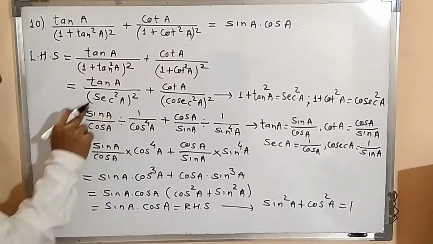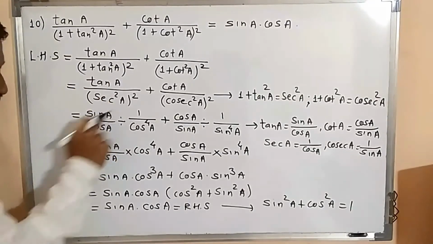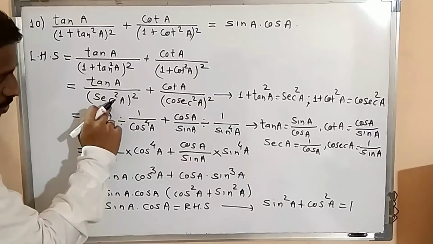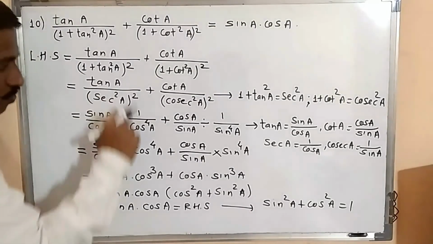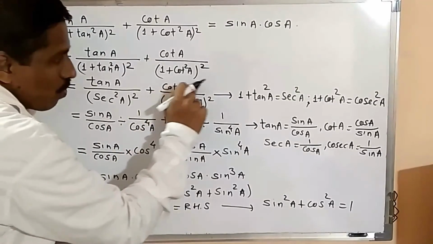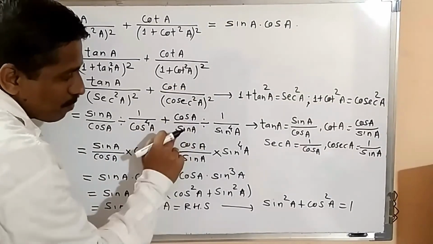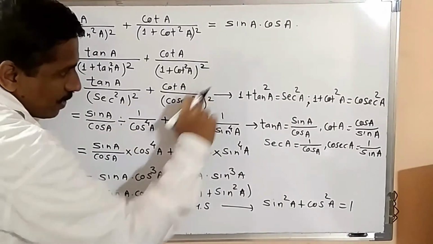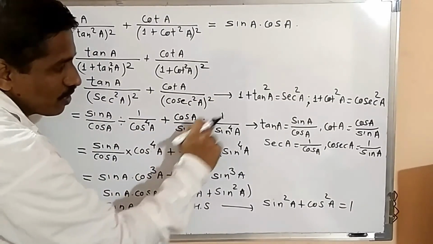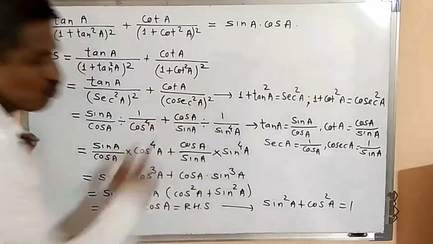Plus for cot A, I will write cos A upon sin A divided by cosec raised to 4A, which is nothing but 1 upon sin raised to 4A.